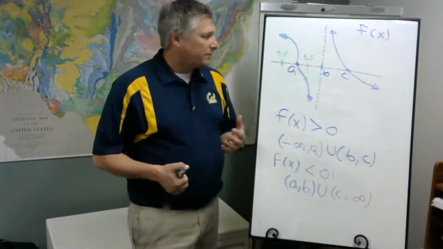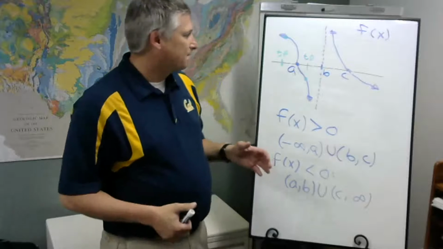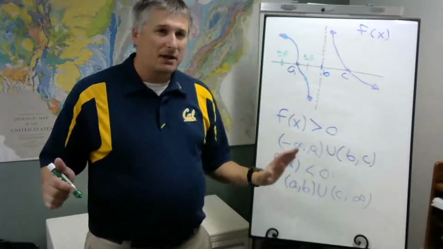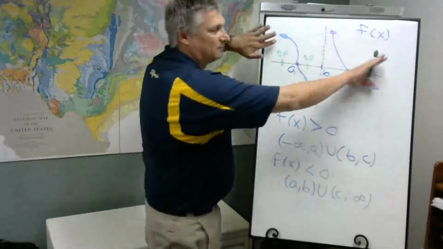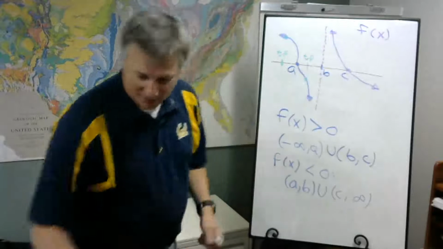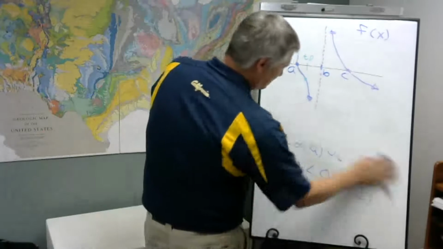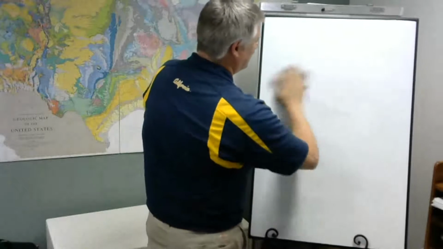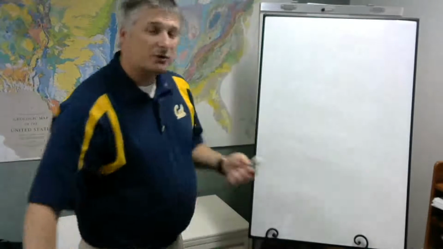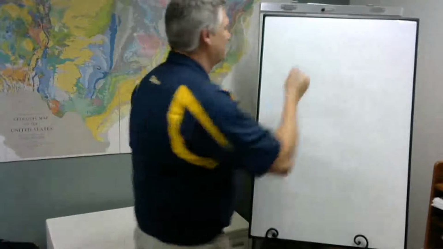So when we're working with these, we're going to be using test points between the x-intercepts, between the intercepts and vertical asymptotes, and also on the far sides. So the general procedure is this.